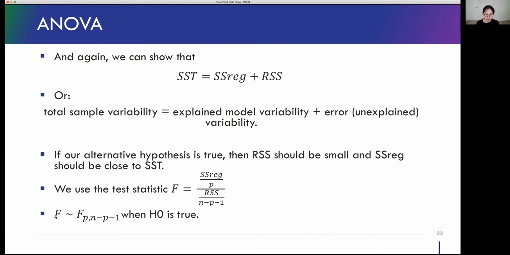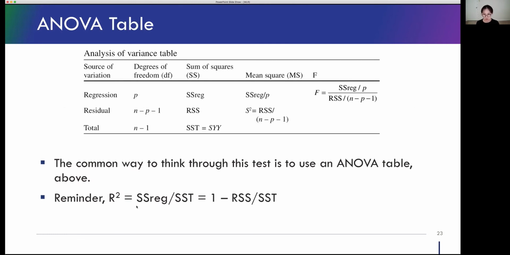And this test statistic F follows an F distribution with degrees of freedom P and n minus P minus 1, if our null hypothesis is true.